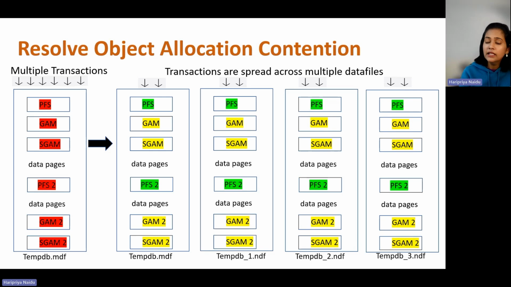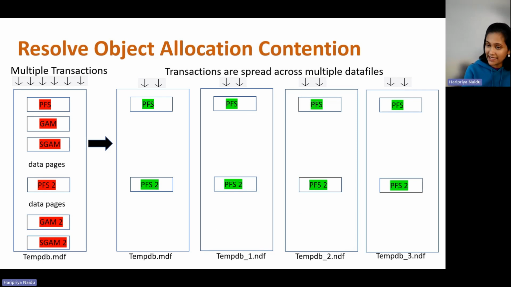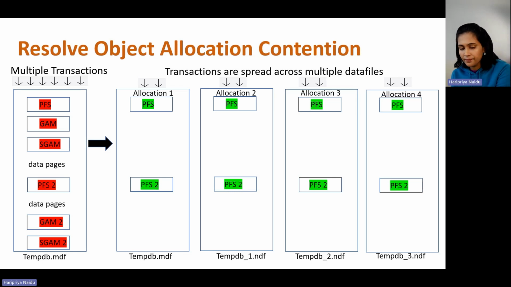And not just that, there was also an enhancement in 2017, SQL Server 2017, where the allocations not only round robin across the files, they also do within the files. I'll show you that now. So you see allocation 1 goes to PFS data file 1, and then 2 goes here, 3 and 4. And then 5 comes down back here, and 6, 7, and 8.